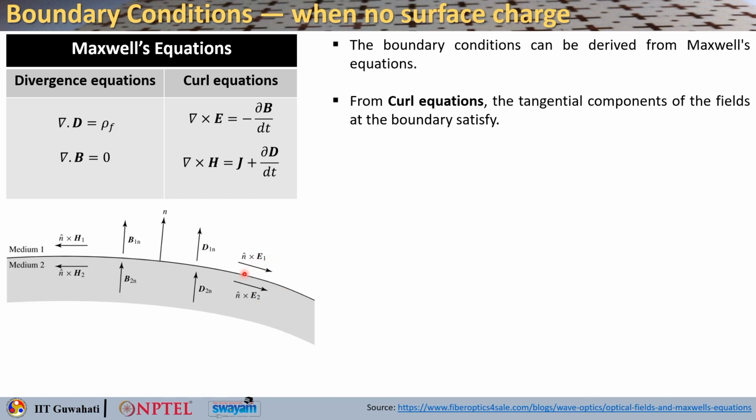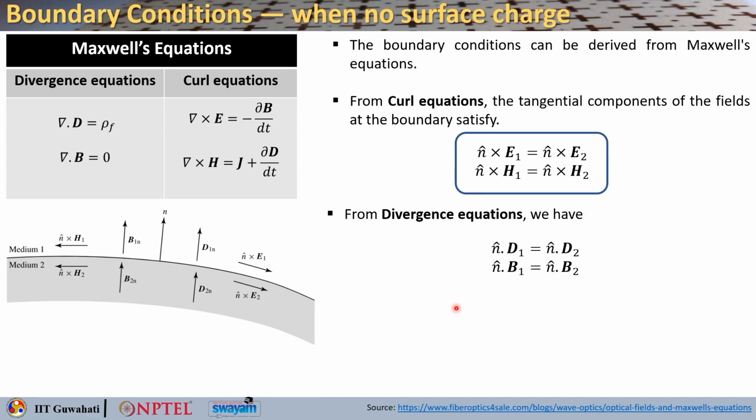It is like n cap cross E, and that way you can calculate. This is how you can write the tangential components, and the tangential components of the electric and magnetic fields are continuous across the interface.